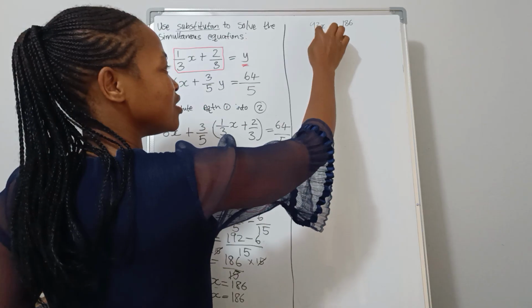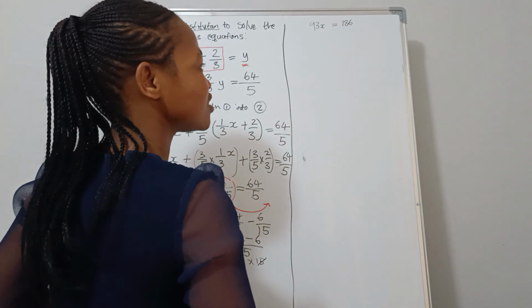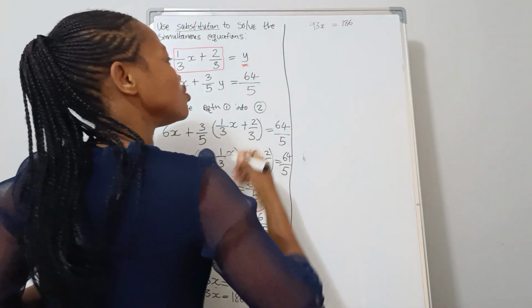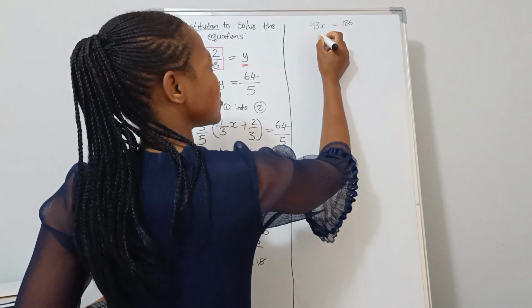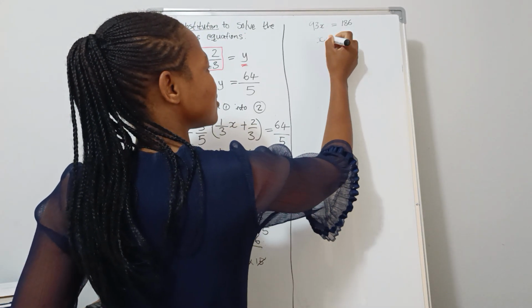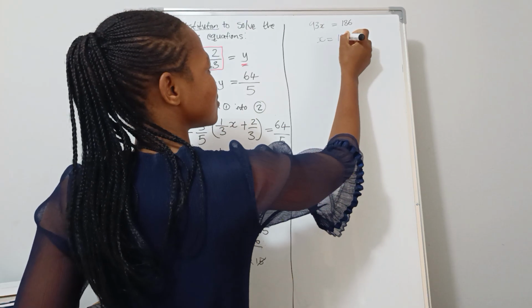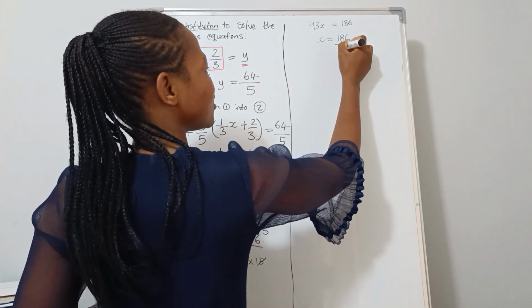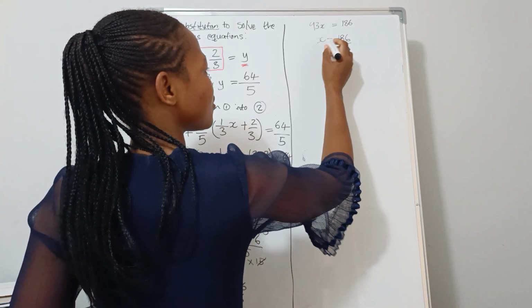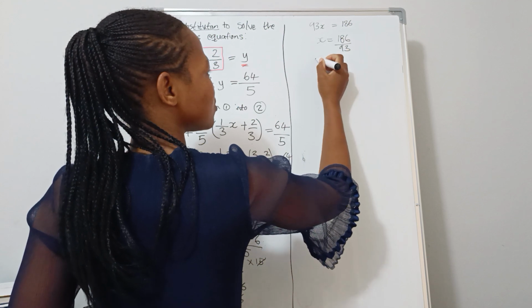Currently it's multiplying the x, 93 times x. So we take it this side by dividing. So now we have x equals 186 over 93.